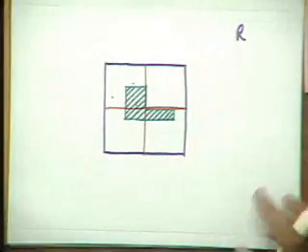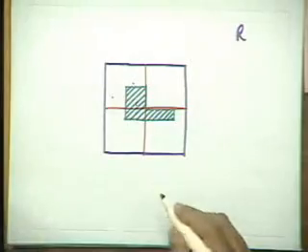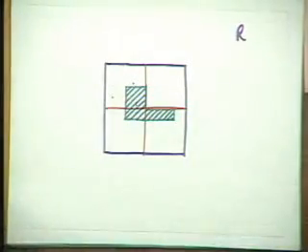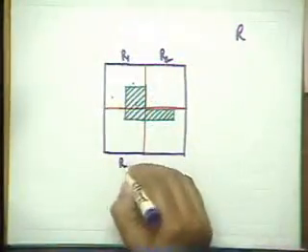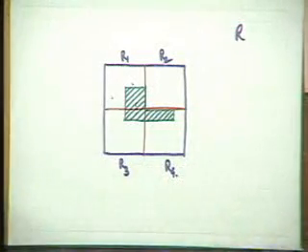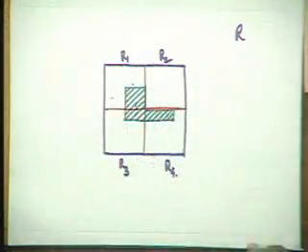Alright. So what I do is split into 4 regions, and call those regions R1, R2, R3 and R4. Now I examine individually whether R1 fulfills that property, or R2, or R3, or R4. What do I find?